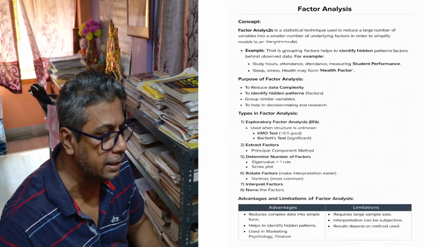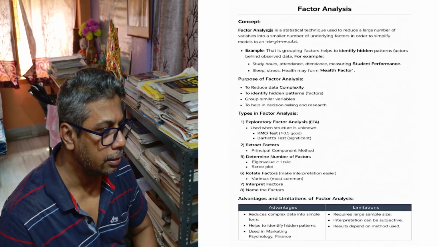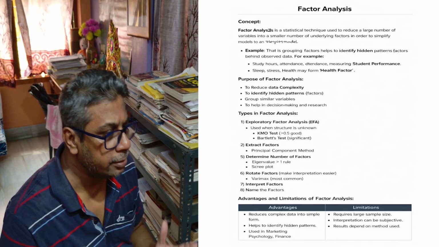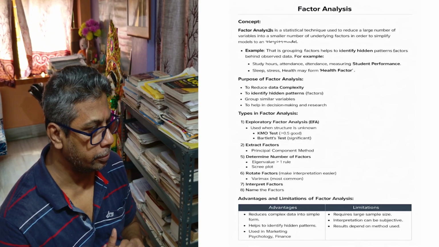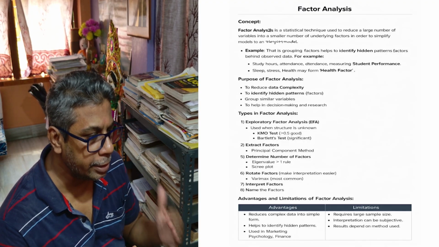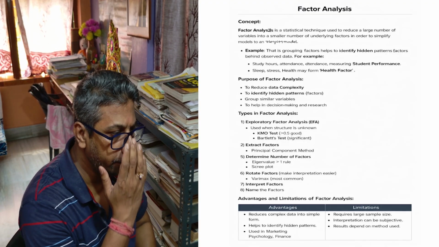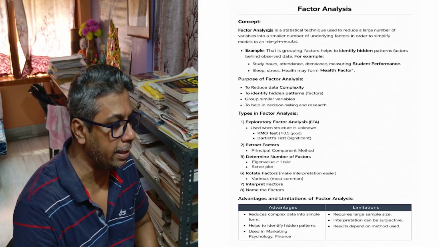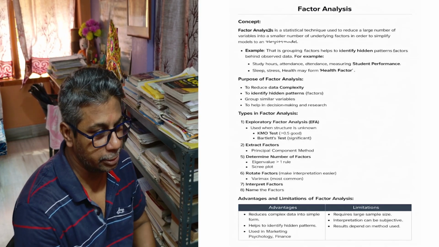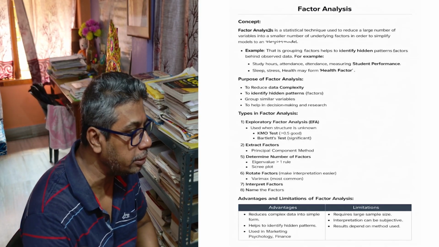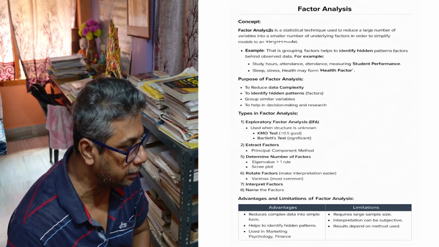For example, study hours and attendance measure student performance; sleep, stress and health may be important hidden factors. Stress and sleep are important hidden factors of health.